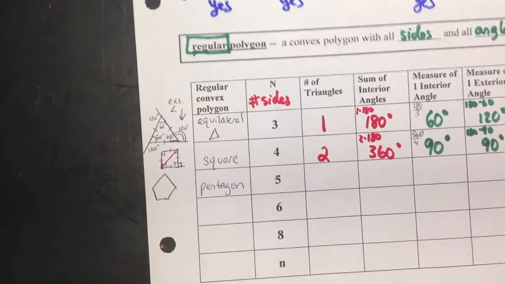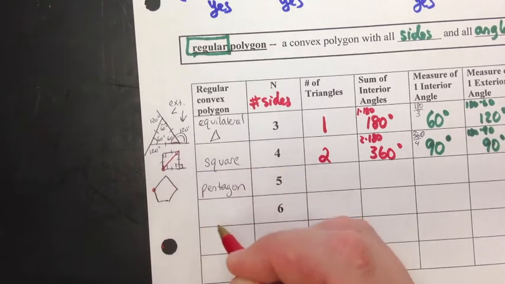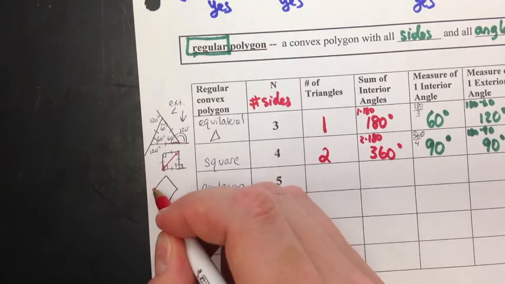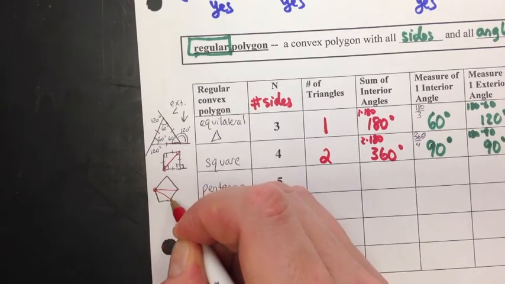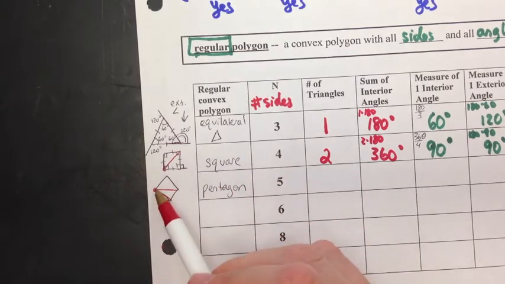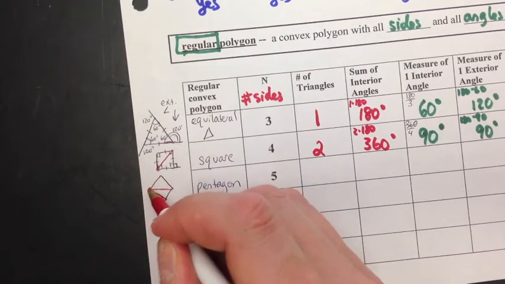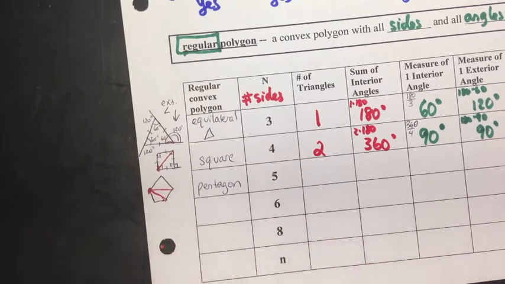The number of triangles. Now, what I do is I'm going to pick one vertex, and I'm going to draw diagonals from that vertex. I could go straight across, and then I could also go kind of this downward direction. Those are the 2 diagonals. I only draw diagonals from one point. So I've got now 1, 2, 3 triangles.